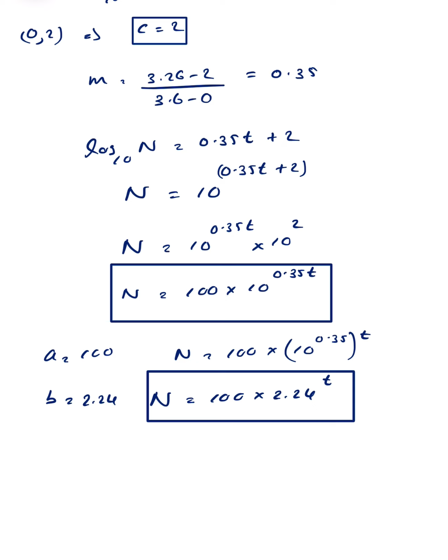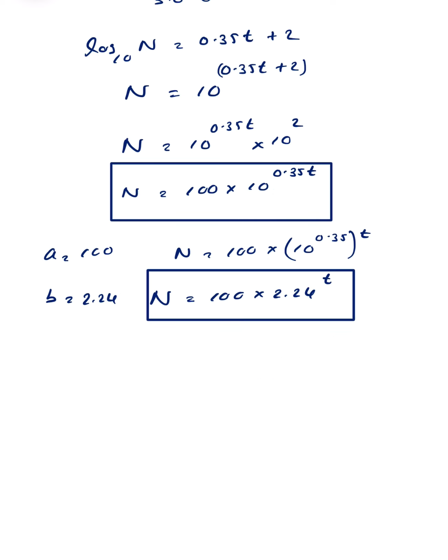Part C, hence find the rate of growth of bacteria on the surface exactly 5 hours after monitoring began, which means we've got to differentiate this. dn by dt, since 100 is a constant, then you can say 2.24 to the power of t times ln 2.24, because differentiation of a to the power of x is a to the power of x ln a.